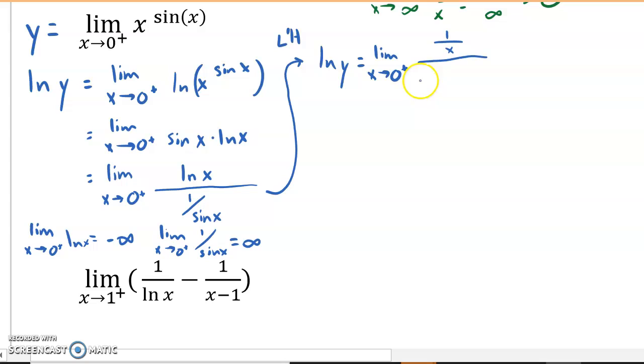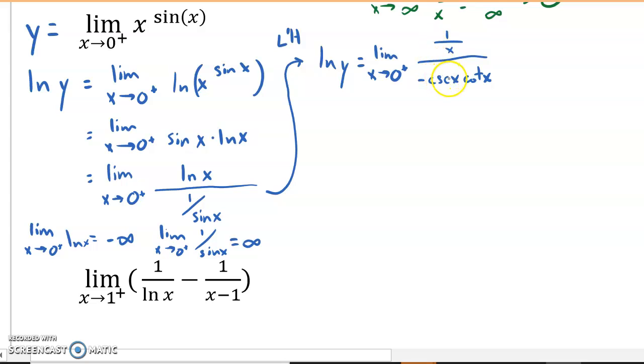So we know the derivative of the cosecant of x is negative cosecant of x cotangent of x. Well, let's see. The cosecant of x and the cotangent of x are both functions that have a vertical asymptote at 0. So these are both infinity at 0. So we still have infinity over infinity.